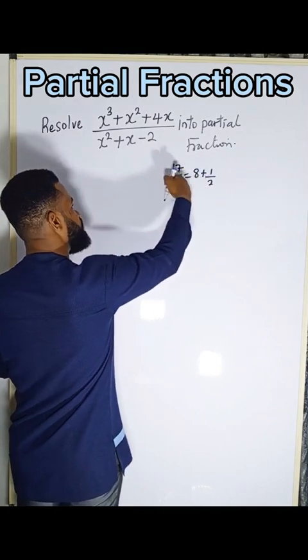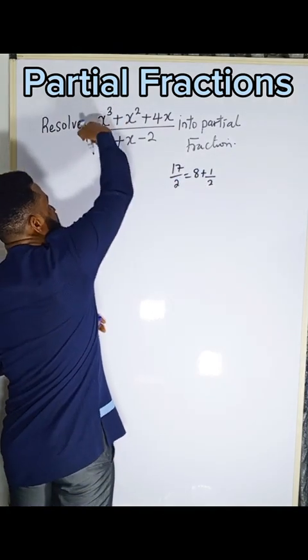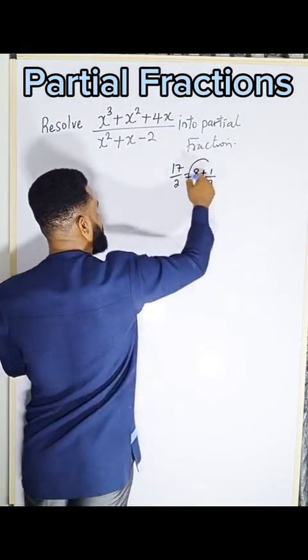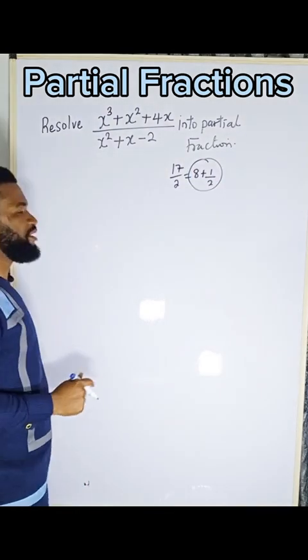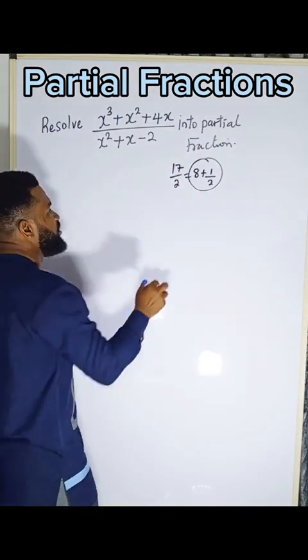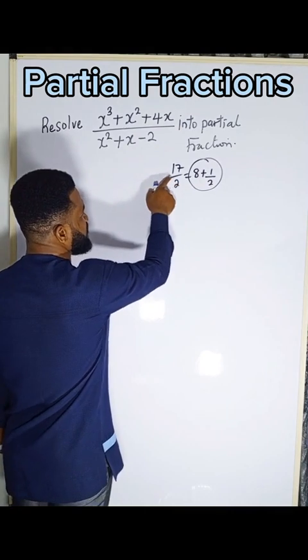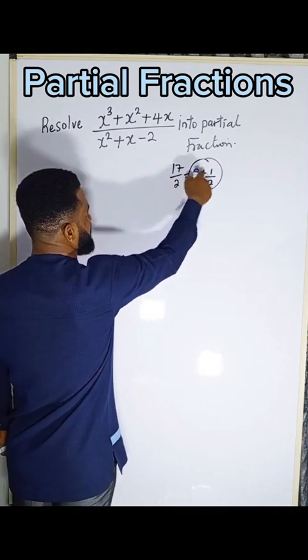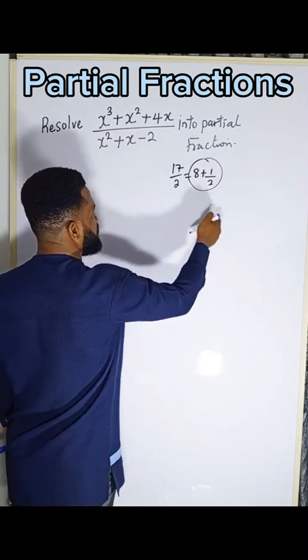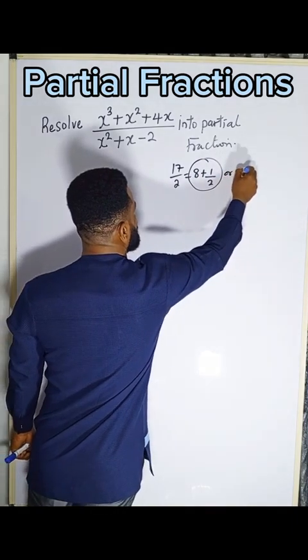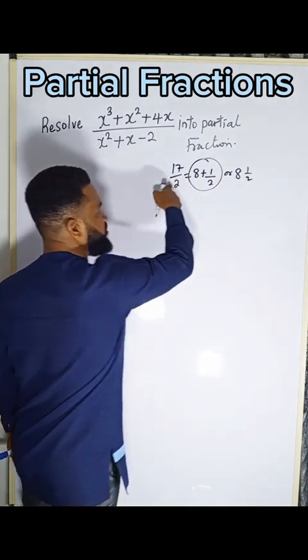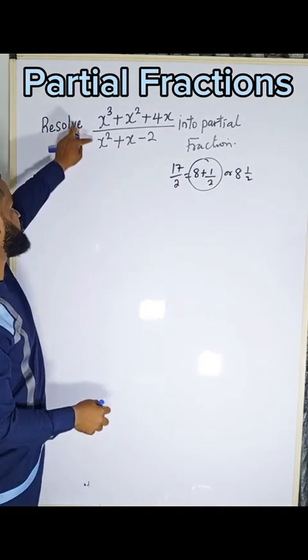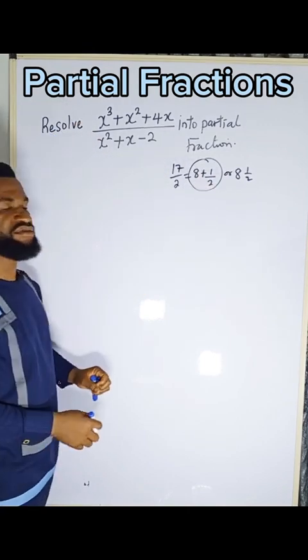How many 2 is into 17 is 8. What is the remainder? It is 1. Bring 2 down. Or simply put, 8 whole number 1 over 2. That is the same thing. I'm going to express this in this format.